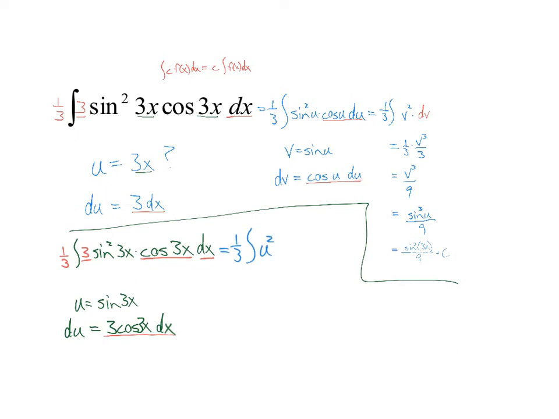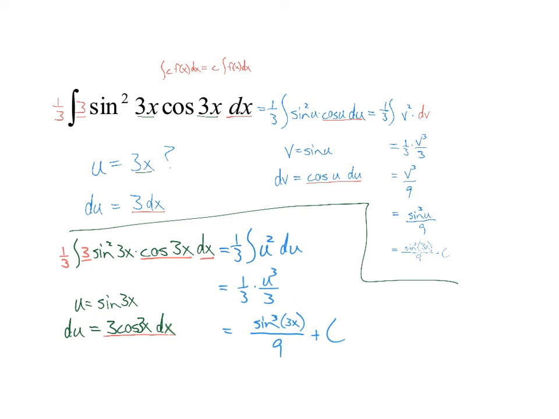The rest of that stuff in there is the du. So that's where I have 1/3 times u cubed over 3. If I plug the u back in, this time u is sine of 3x, that is being cubed, it's all over 9, and I have a plus c. I got the same thing.